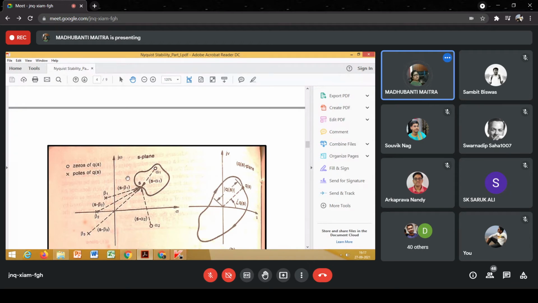That means all the zeros and poles of QS which are not enclosed by the closed contour will contribute a net change in angle equal to 0.